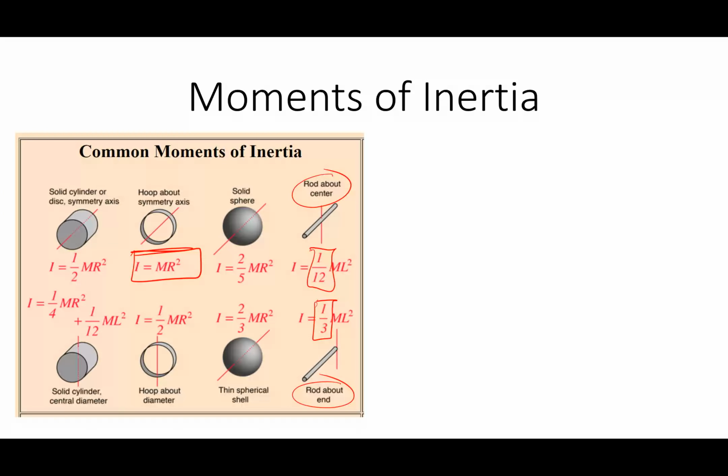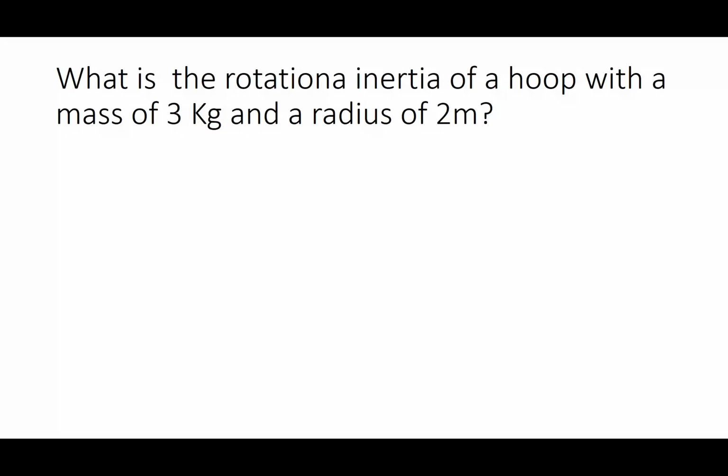It's just this value out in front here which determines if you have more or less rotational inertia. The main three that we're going to be dealing with are hoop, solid cylinder, and solid sphere. We might come back to rod about the end once or twice, but those are the three main ones that we're going to deal with in this unit.